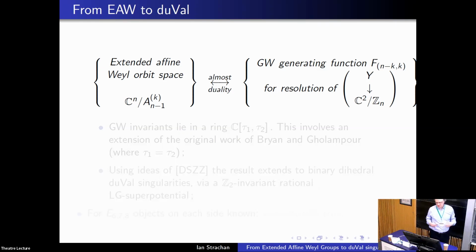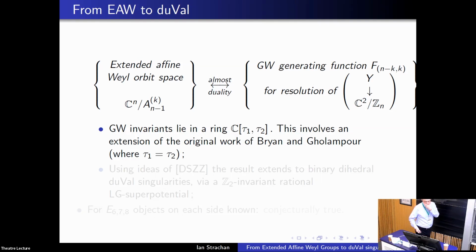Now, a lot of this was tying together things in the literature. Well, there is a new feature here. For the simplest case, the Z_n cyclic singularities, the Gromov-Witten invariants depend on 2 parameters. That involves far more algebraic geometry than I'm comfortable explaining, but in the A_n case, the Gromov-Witten invariants lie in a 2-parameter ring, and for the D's and the E's, they lie in a 1-parameter ring.